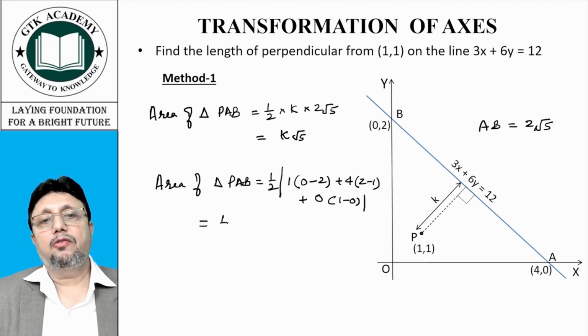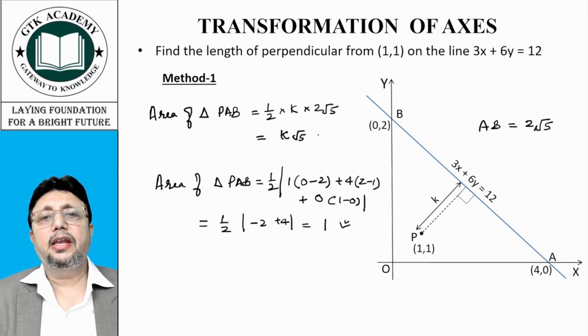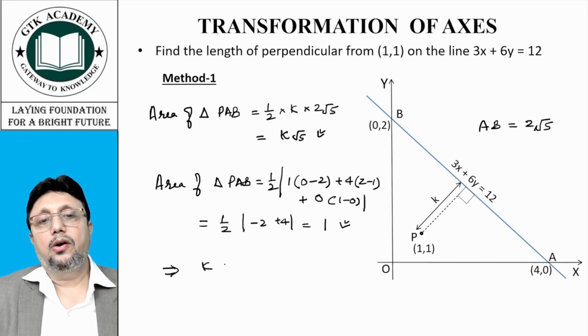So this becomes half mod of minus 2 plus 4, which is half of 2, that is equal to 1. Now we have found the same area by two methods, so we can equate them. That means K root 5 is equal to 1, which implies that K is equal to 1 upon root 5.